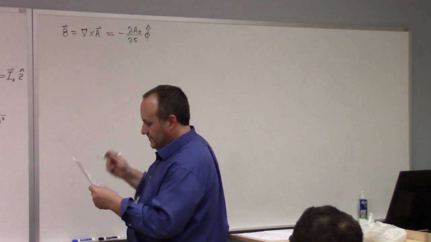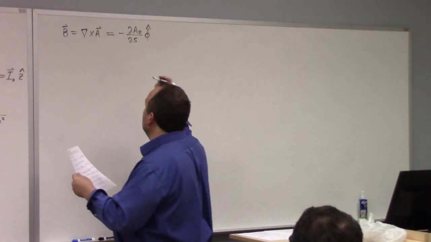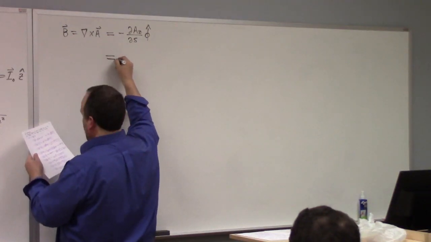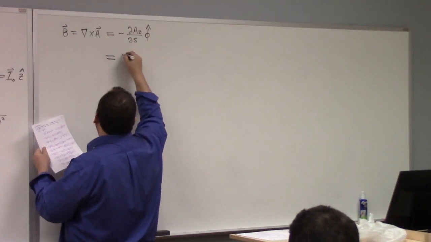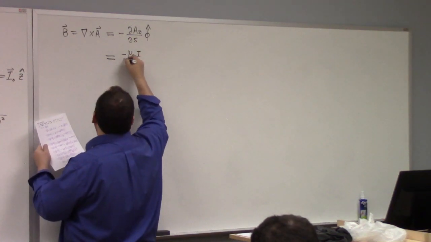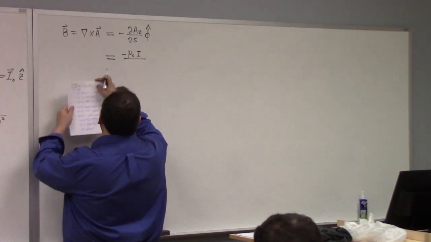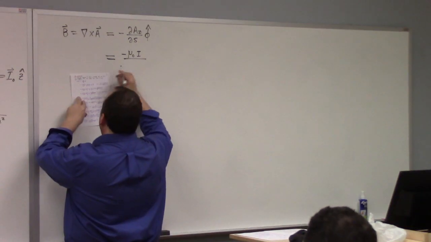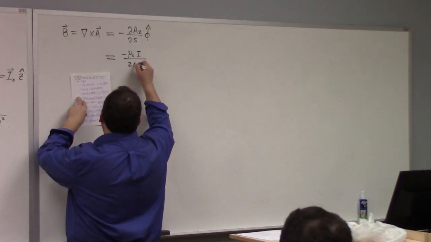And so I'm going to jump a few steps down, if you guys don't mind. Mu naught I naught over 2 pi, phi hat. I'm going to go 4 lines down. Maybe you guys can track.